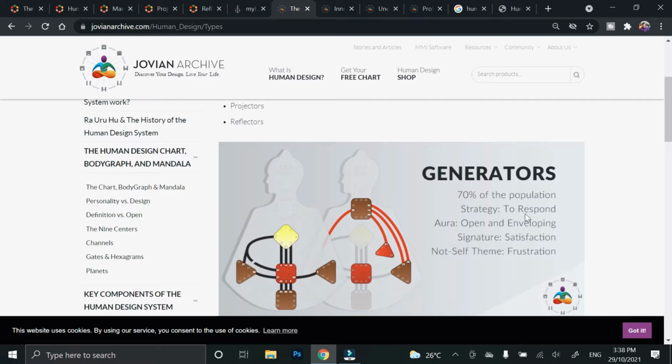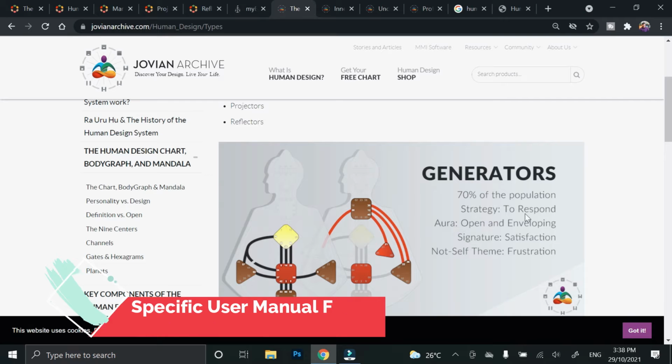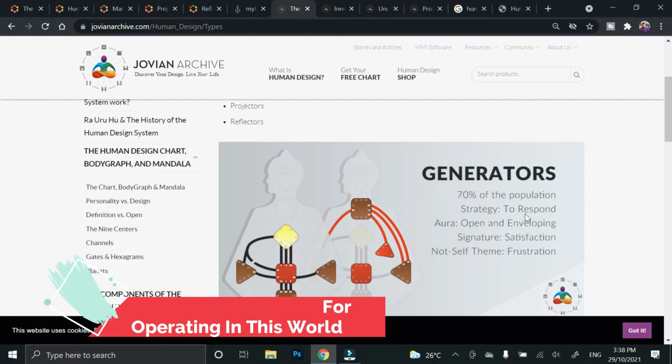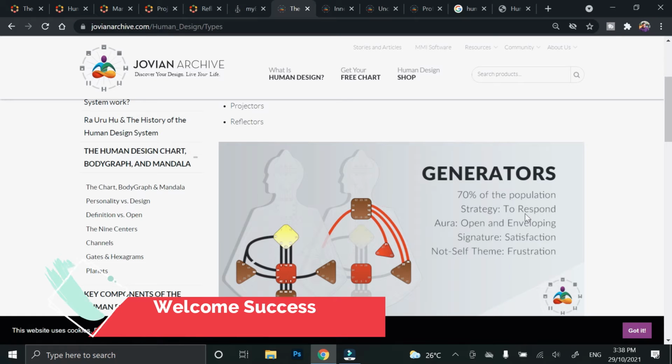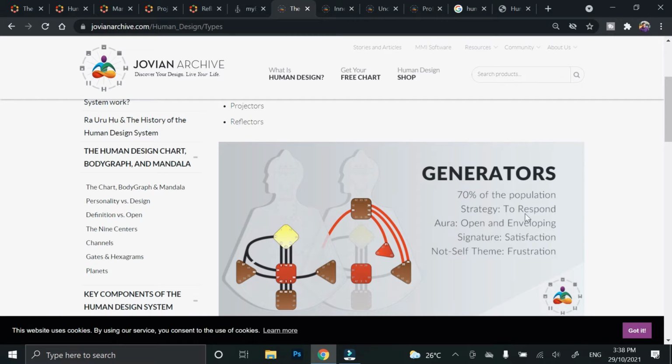Strategies are based on the energetic characteristics of that type, so the strategy is basically your specific user manual for operating in this world. In other words, it's how you're meant to welcome success and minimize resistance in your life and business, so that you can be in your natural flow, not society's flow.